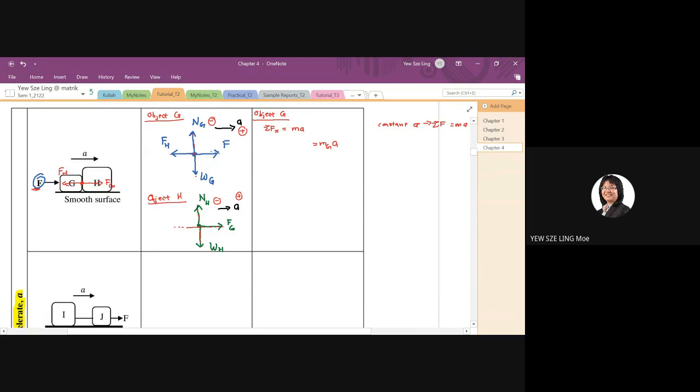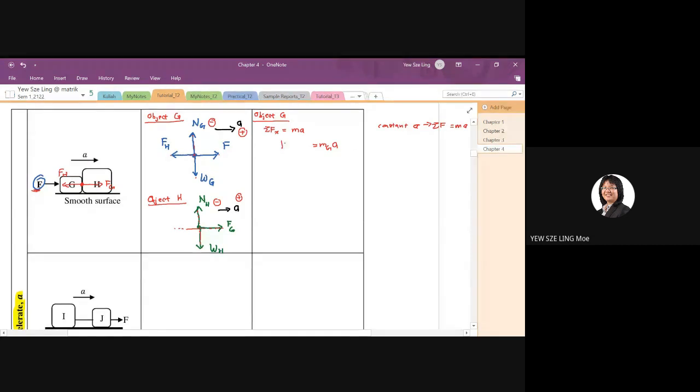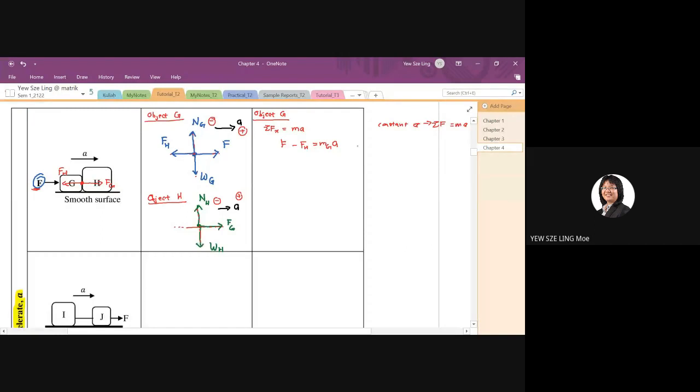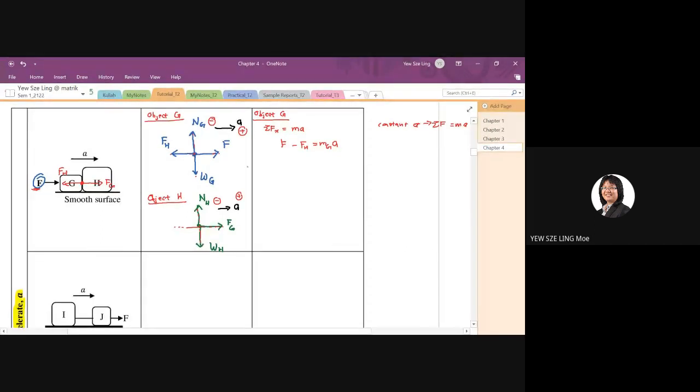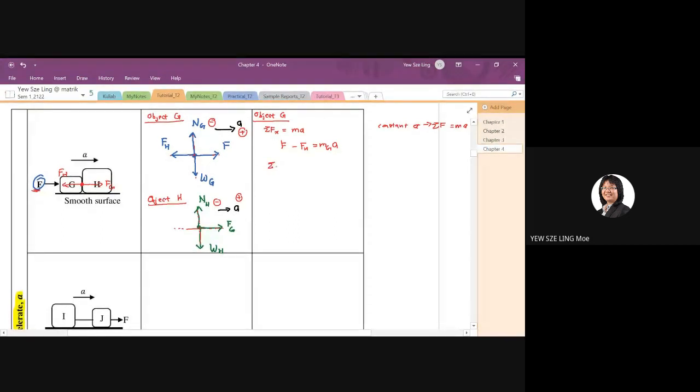All right, now along the X component, I have two forces and I'm going to take the right-hand side as positive. So F minus FH equals MGA. So this is our first equation for the X component. And then for the Y component, summation Fy.